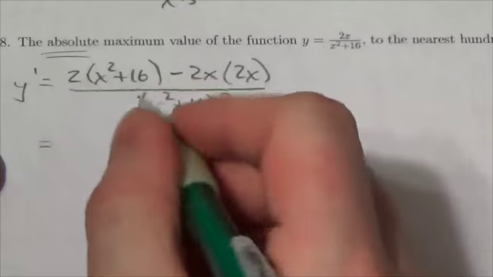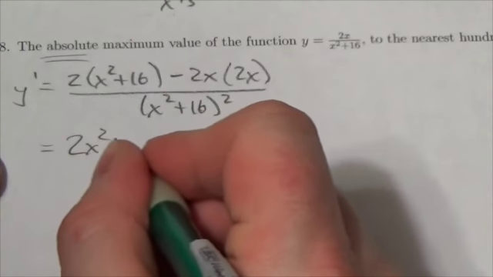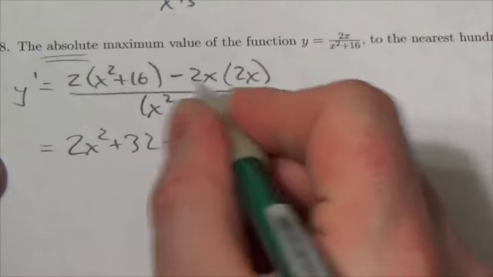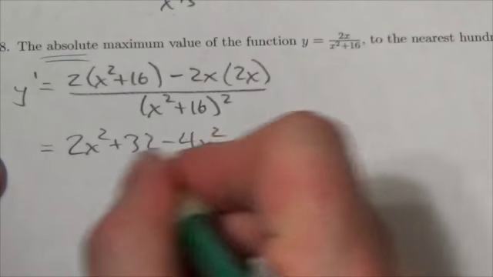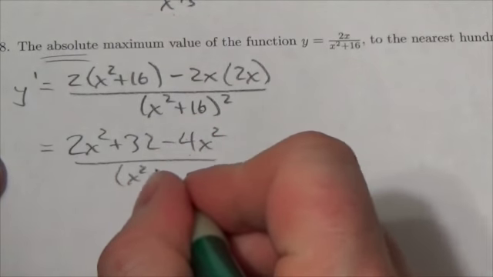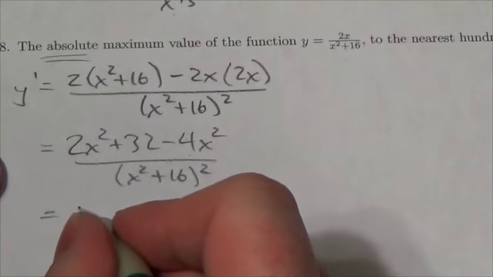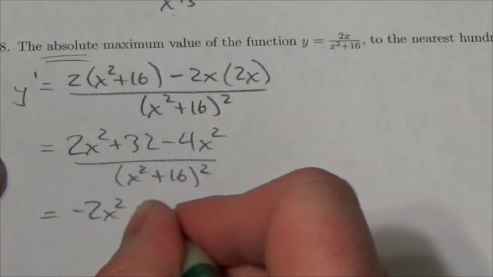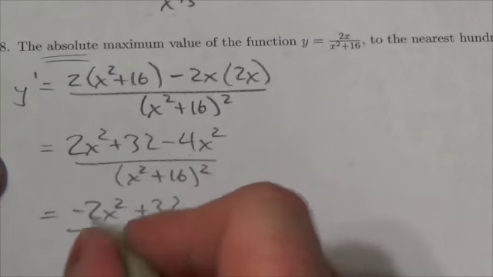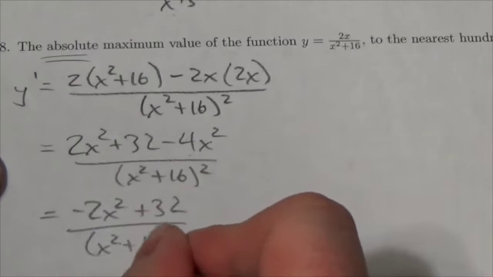Okay. Now I'm just going to expand that all out and get 2x squared plus 32 minus 4x squared all over x squared plus 16 all squared. And so we're going to get negative 2x squared plus 32 all over x squared plus 16 squared.